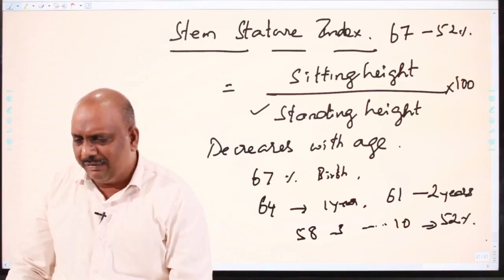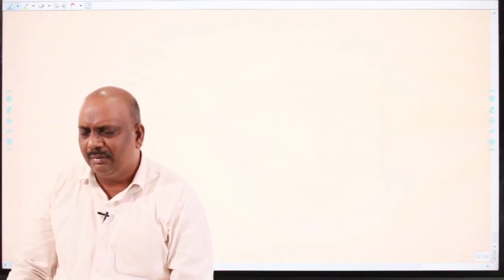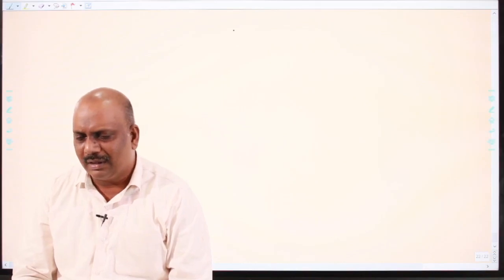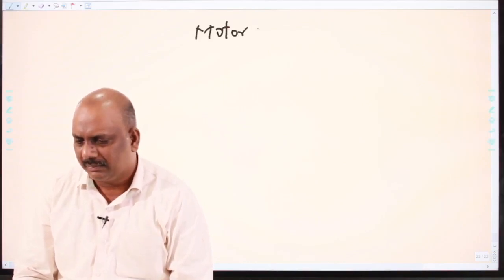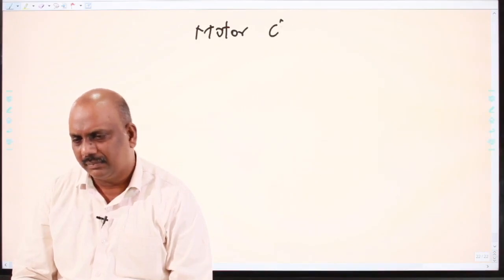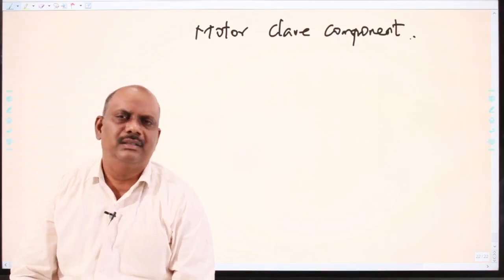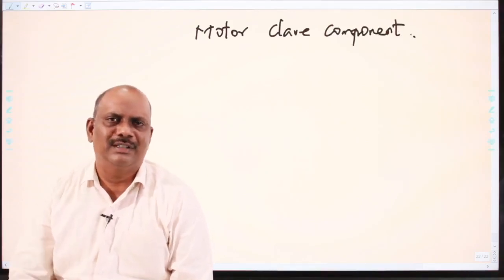So during infancy and childhood, a number of motor milestone components develop. We say gross motors, fine motors.